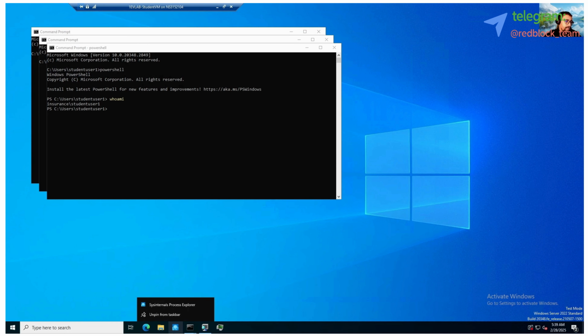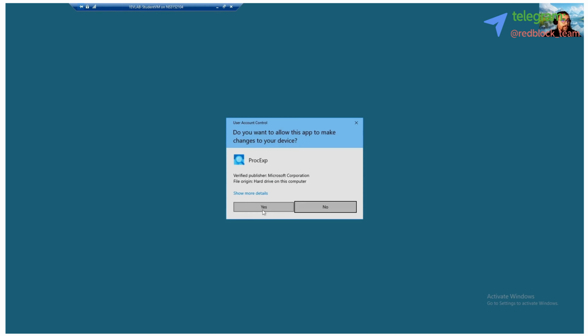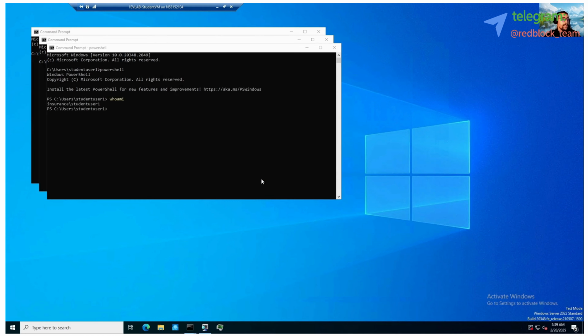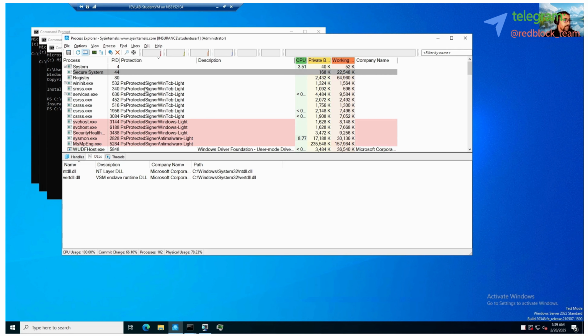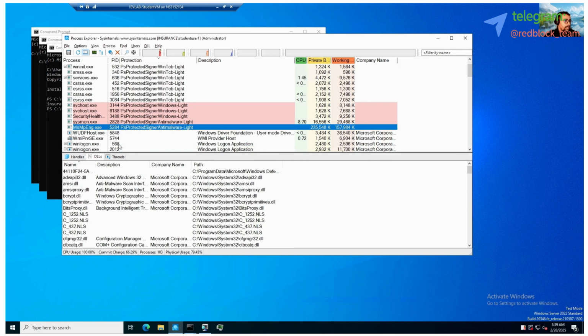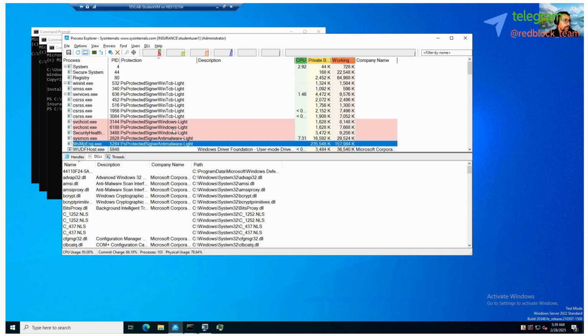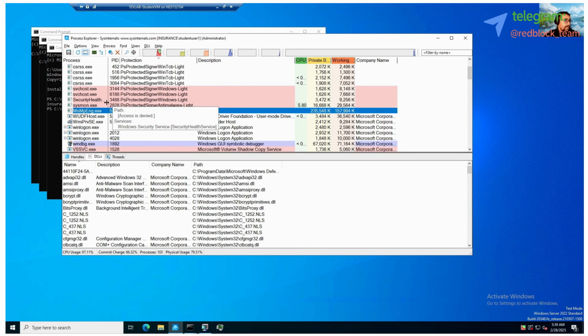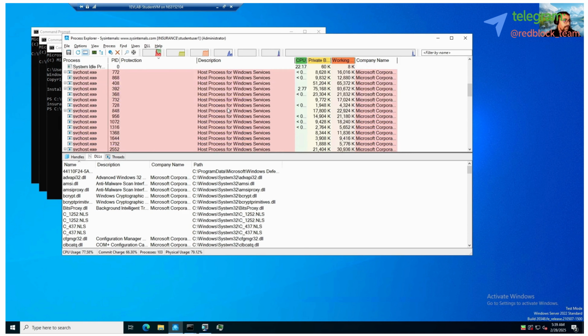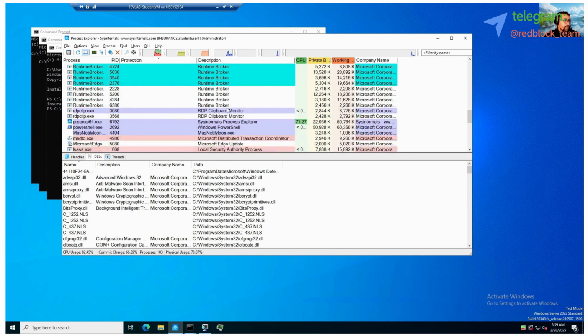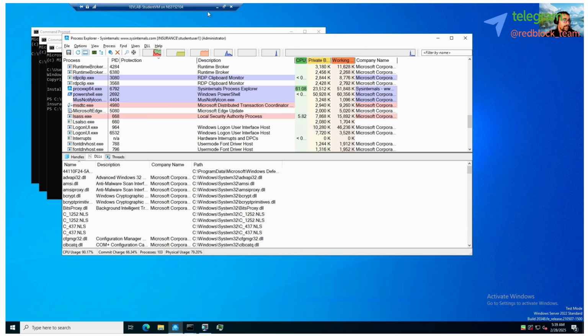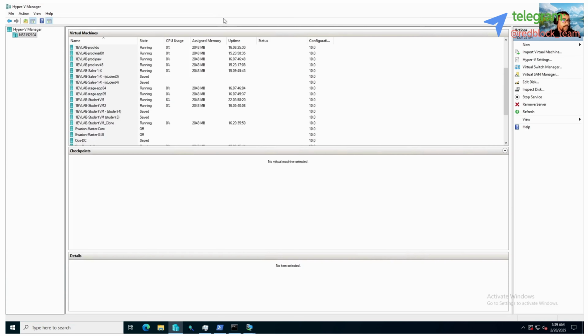We can see that by launching Sysinternals Process Explorer, and we can see different processes with different protection levels, like MsMpEng that is protected with anti-malware light, and LSASS is normally protected with LSA light protection, but in this machine the LSA protection is removed.